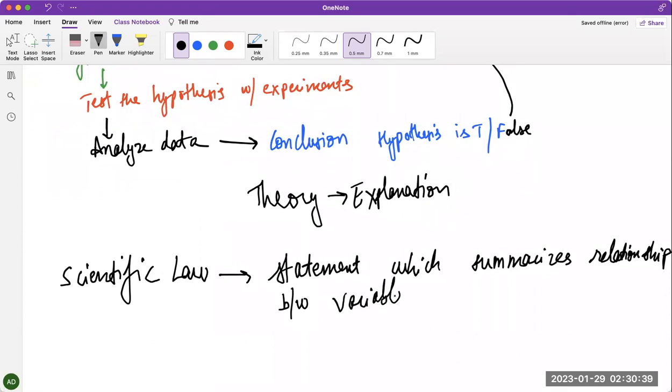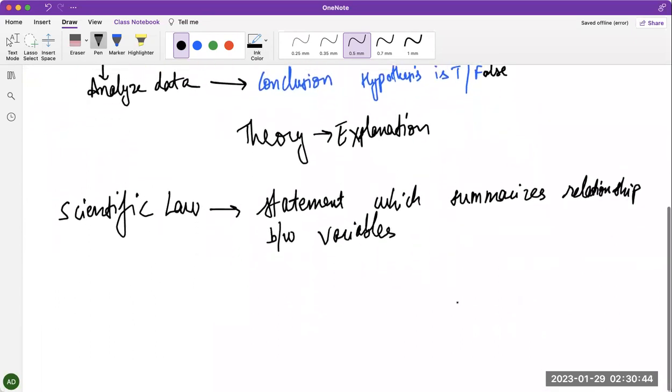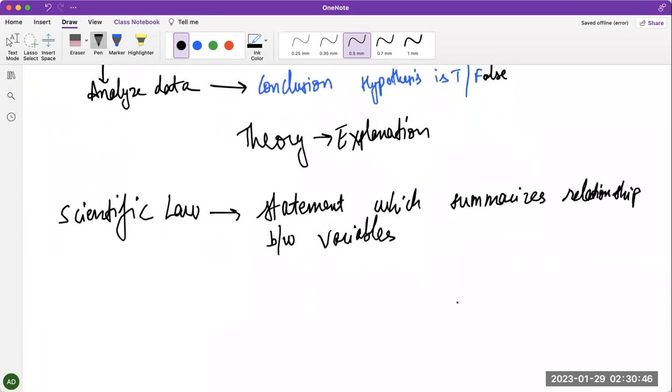You will usually see scientific law written as formulas. For example, law of conservation of mass, which tells you that the mass of the reactant should always be equal to the mass of the product in a closed system, or law of gravity is an example of law.